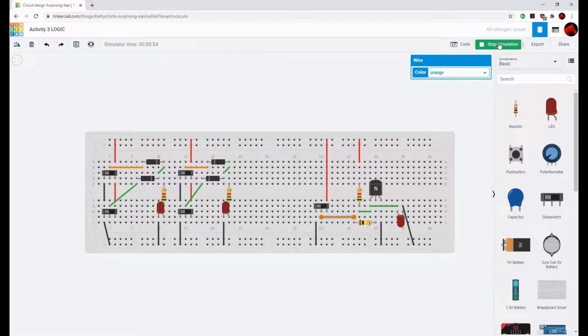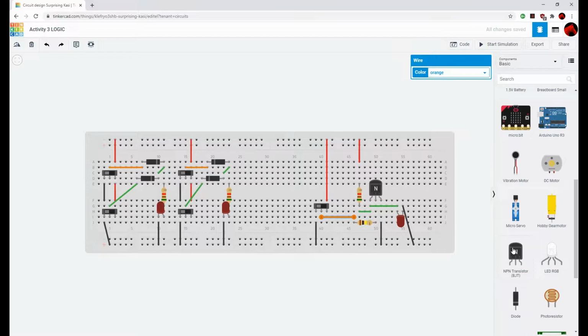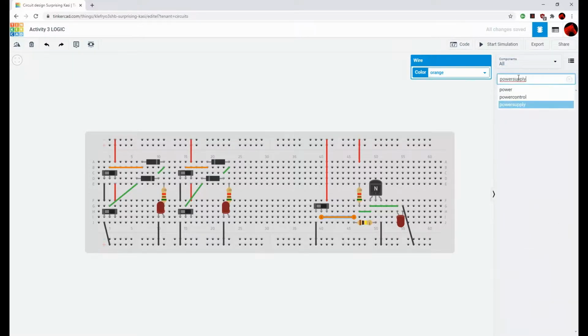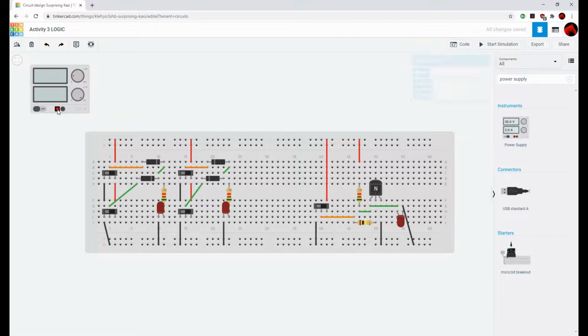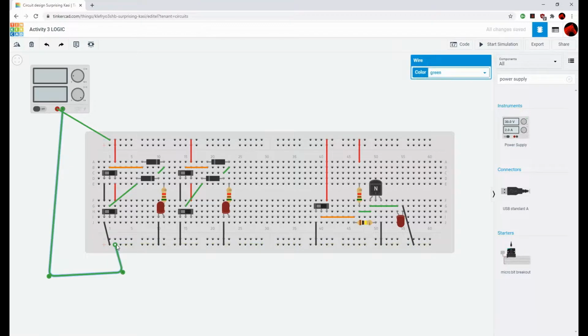Whether it's an Arduino or a battery, it doesn't really matter, but we'll go with an actual 5-volt power supply because this is 9 volts and we want everything to be essentially the same. Start simulation.